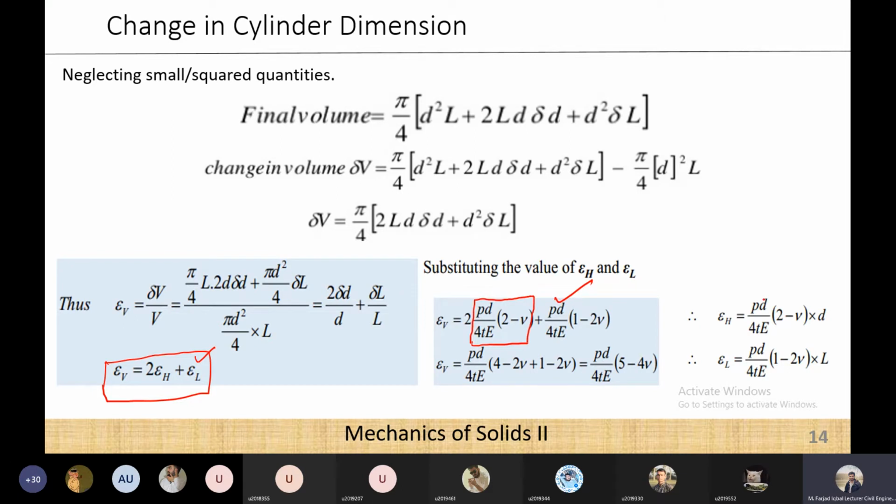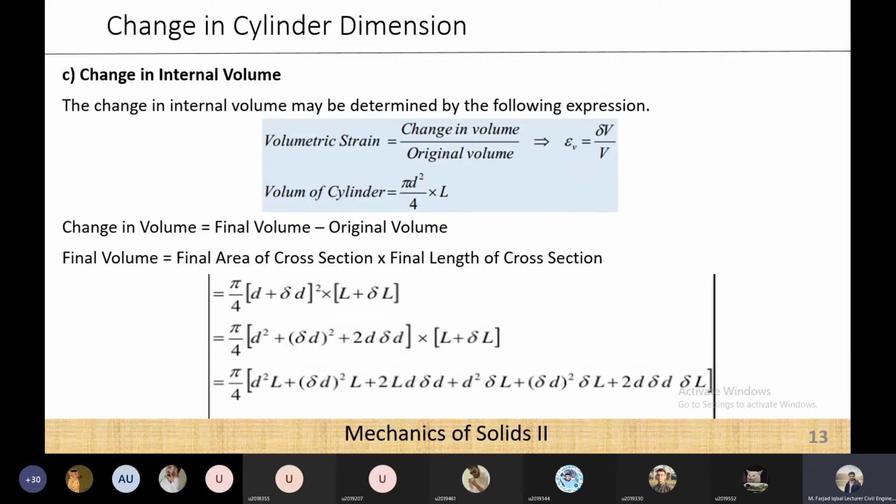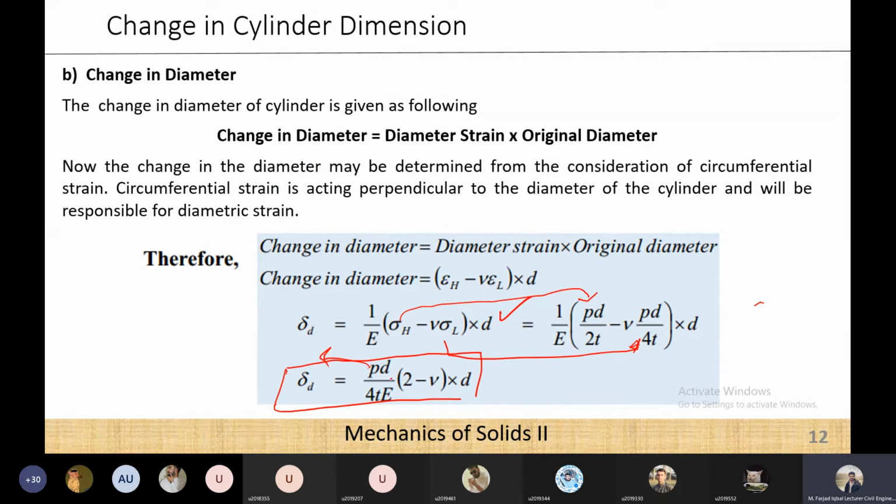Okay, over here I have written this expression. I have the correlation for delta D. For example, delta D I know is PD over 4 TE into 2 minus nu into D.